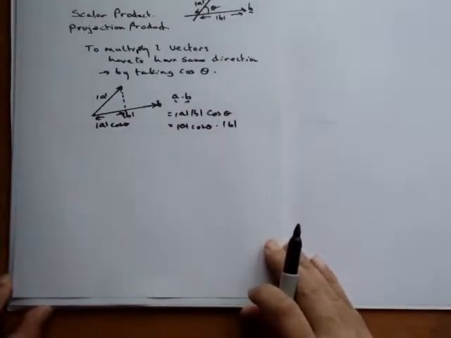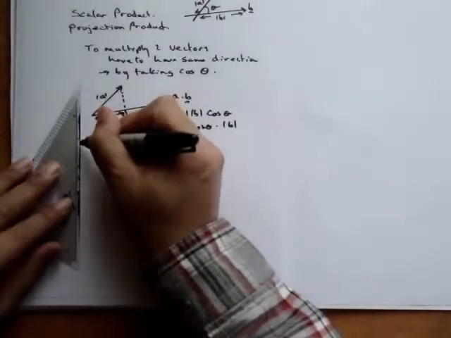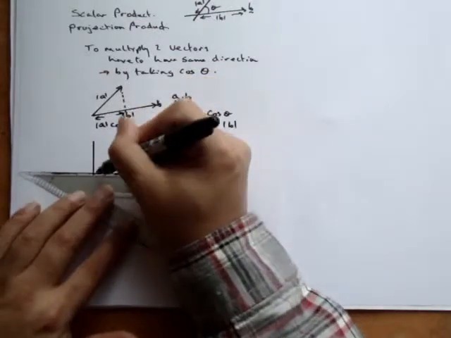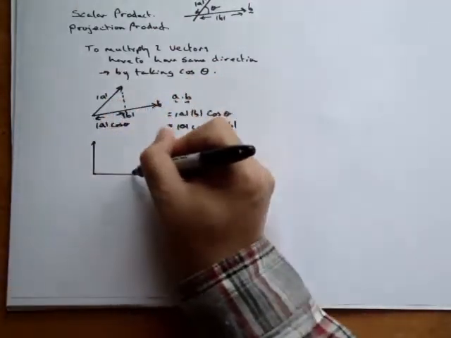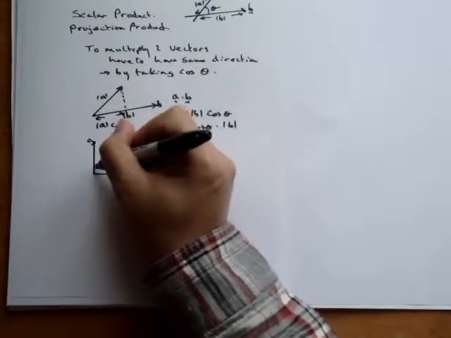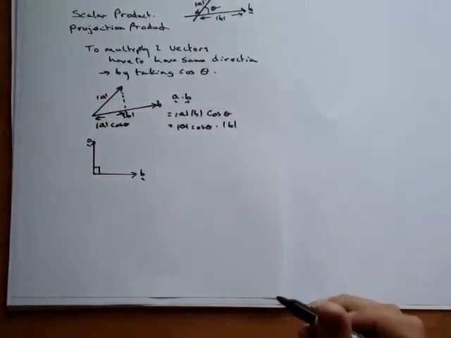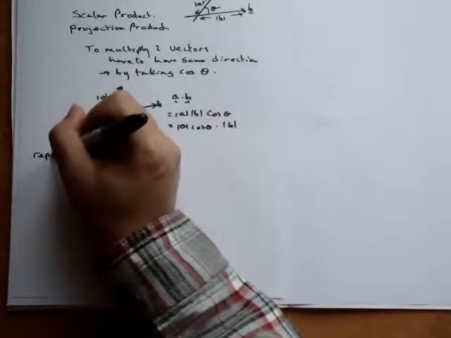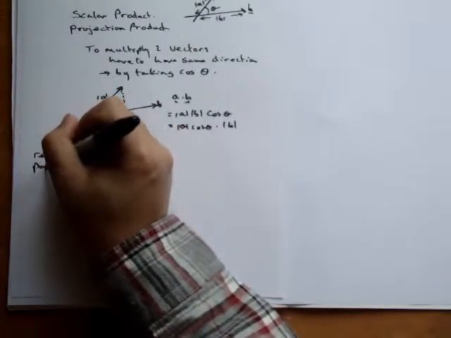If we have two vectors at right angles, so we have our vector A here and our vector B here, the dot product is sometimes said to represent what's called parallelism.